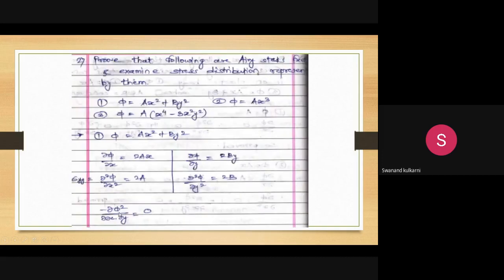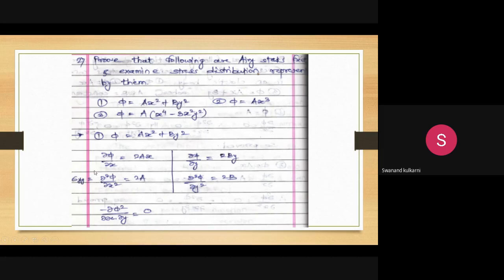Already dou phi by dou x is equal to 2ax, and dou 2 phi by dou x2 is equal to 2a.